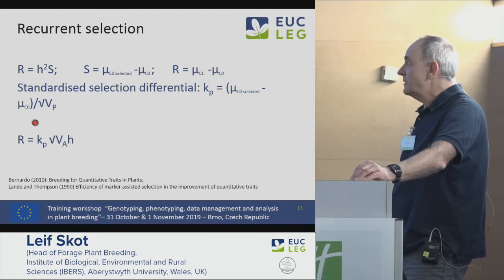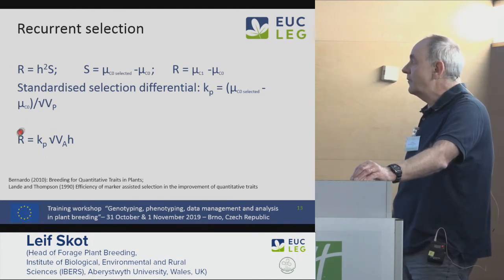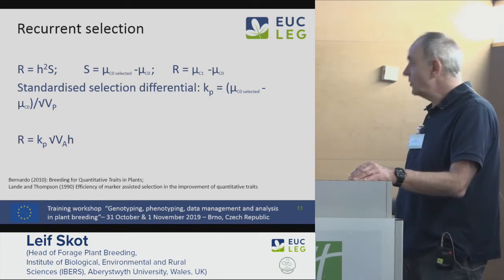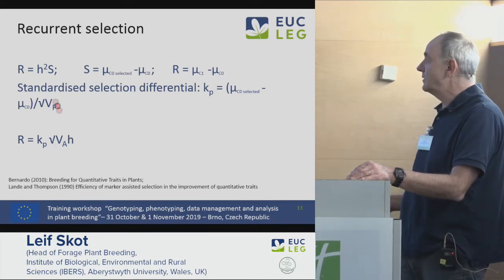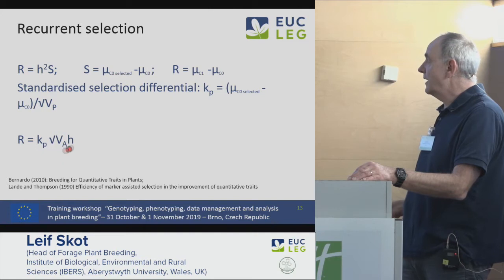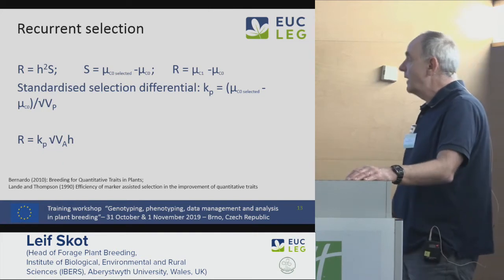So then you get this different form of the breeder's equation, or the response to selection, which is related to additive variance and heritability. You can get from there to there by doing a little bit of math.